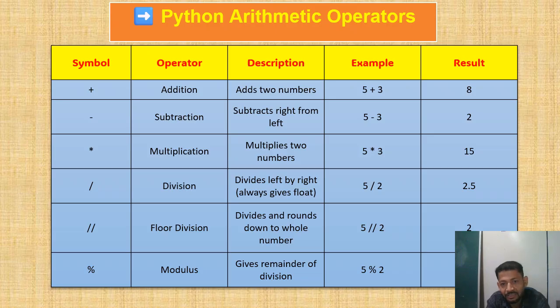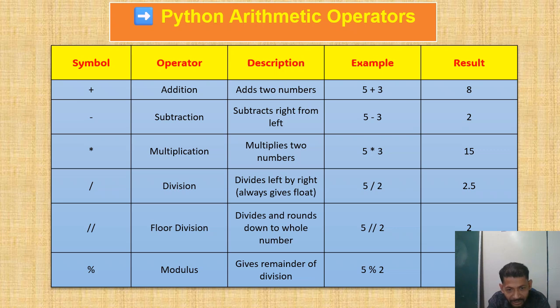Okay. So next, here are some Python arithmetic operators you need to remember. The symbol plus sign, you know, that is addition, and the description is it adds two numbers, 5 plus 3, result is 8, you know that.